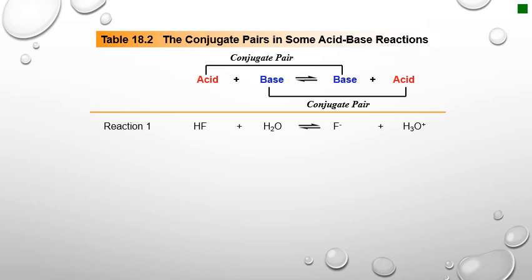So again, you notice the hydrogen left the HF molecule, leaving it as the F minus. So therefore, when this happens, we know that the acid would be the HF, the base would be the water. And then this would be my conjugate base and my conjugate acid.